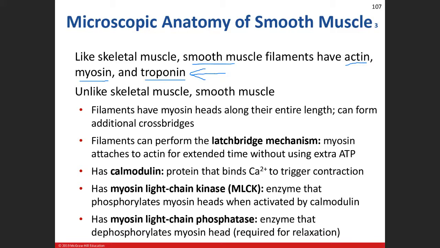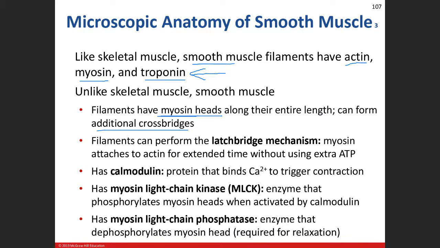Some of the things that smooth muscle has that skeletal muscle doesn't have: we're going to see the myosin heads along the entire length of the filament, which allows for more cross-bridge formation. That's an important concept to understand.